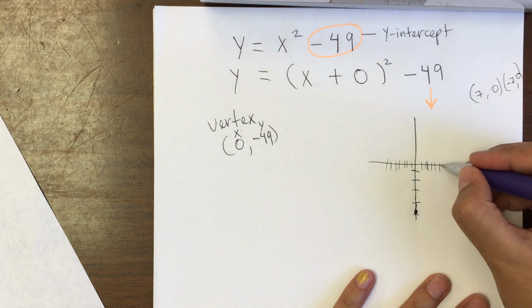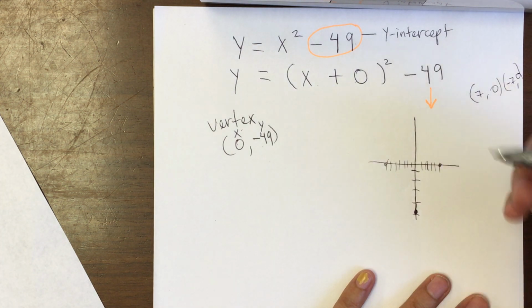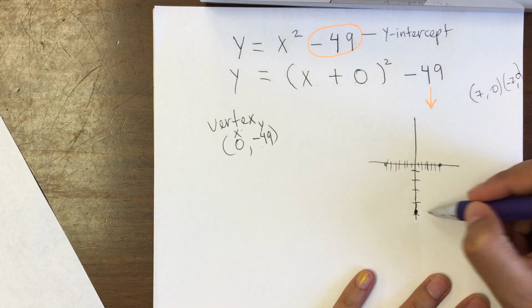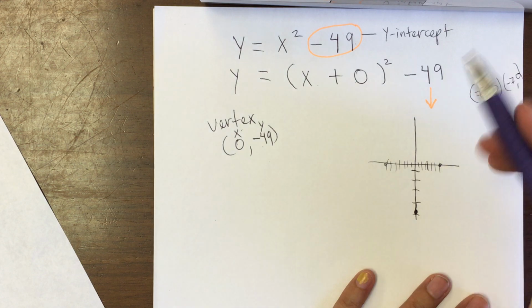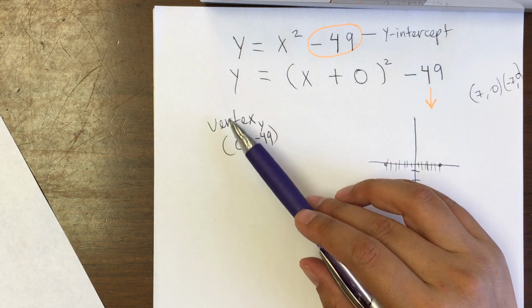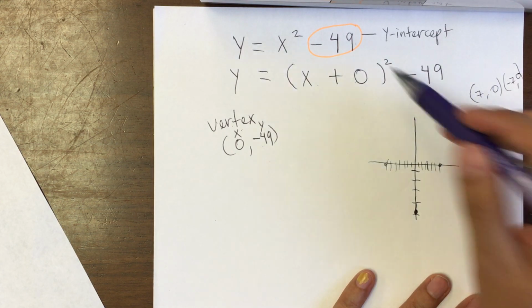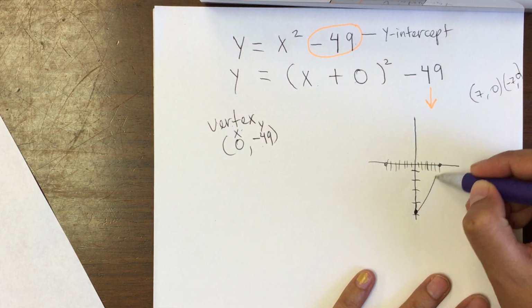Okay, so those will be my x-intercepts, but that's how I would know the values of those x-intercepts. Otherwise, if I'm basing myself only on the vertex and the y-intercept, I would not be able to graph this equation.